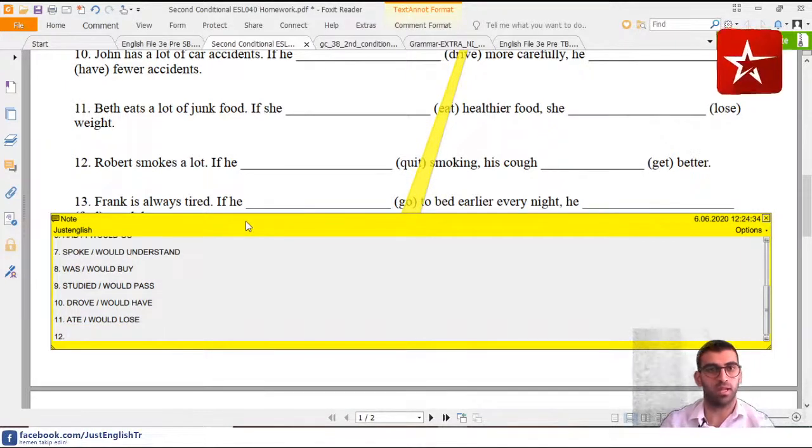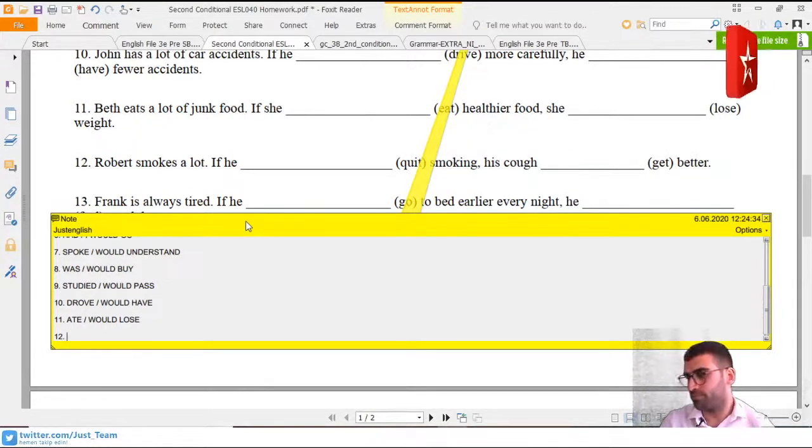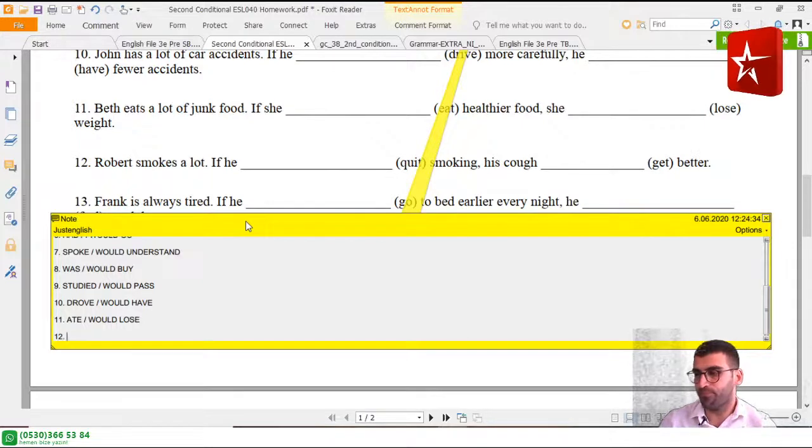Number 12. Robert smokes a lot. If he smoking his cough, what? Ate and would lose. Okay, that is the correct answer.